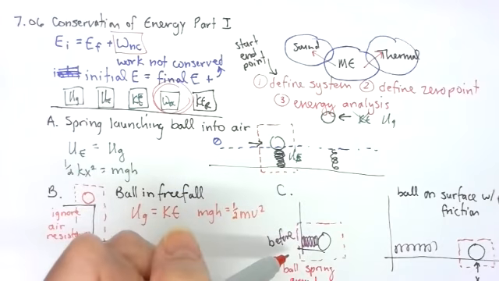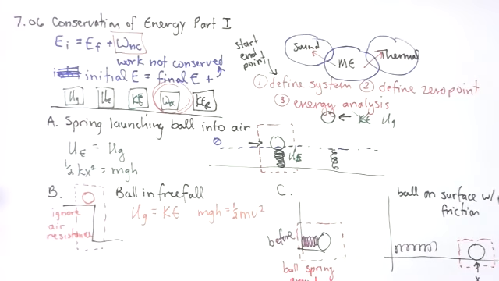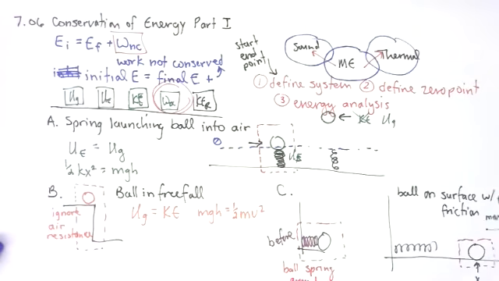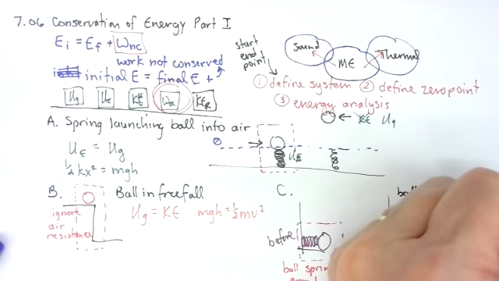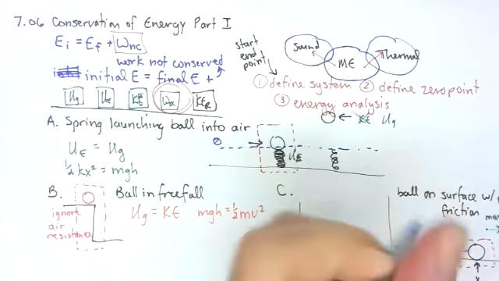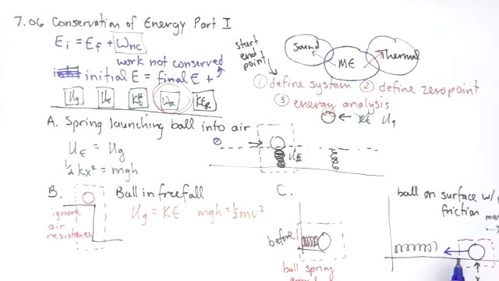So those are all internal. So all my forces here are going to be internal. Over here, if I'm doing ball, spring, ground, look what happens. I now have friction. If my ball is moving this way, friction is going to go this way. And so look, now I have a force that is external to the system. So when I write my equation, I have to consider work that's not conserved.